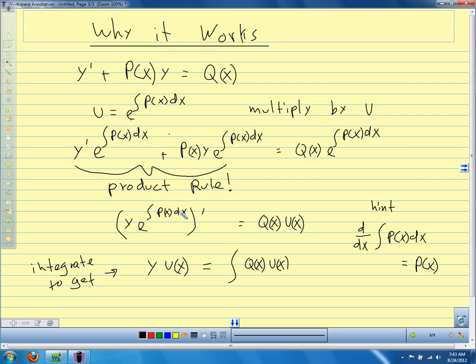So this isn't a proof, this is just an illustration of why this integrating factor works to let us solve this. I'm not 100% certain who first came up with this technique and how they figured it out. My guess, usually the way it works with mathematics, is someone sat down and started messing around and saying, what can I do with this to try to solve this?